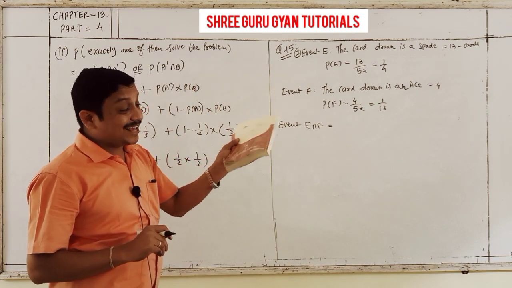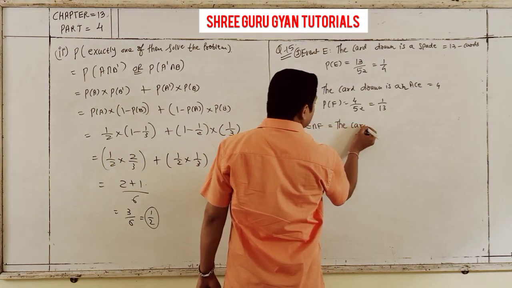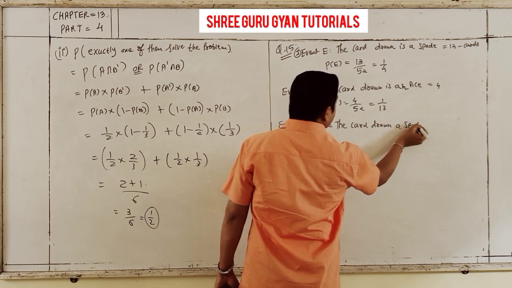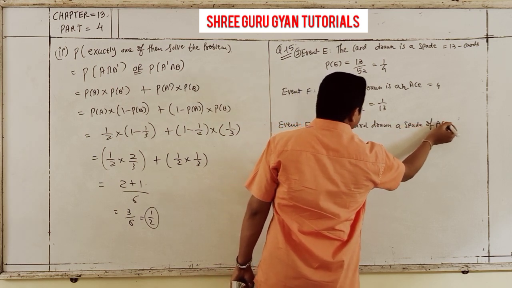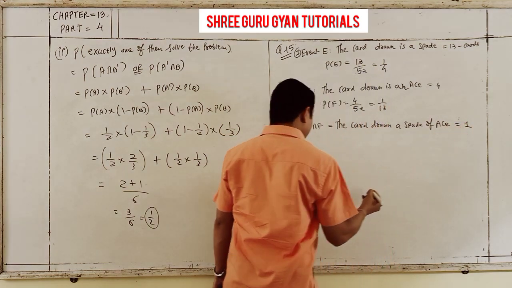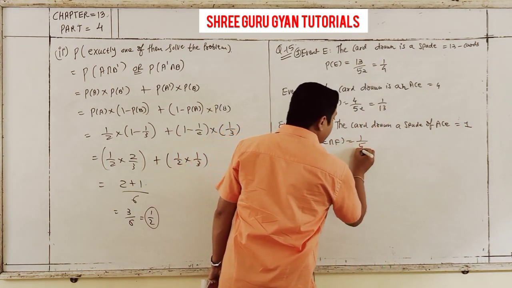So spade and ace card. The card drawn is the ace of spades, and that is only one card. So my probability of E intersection F is 1/52.